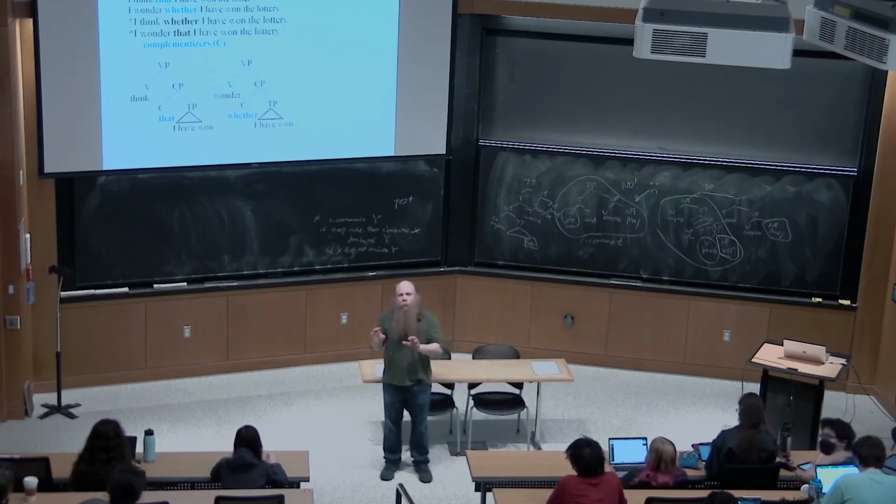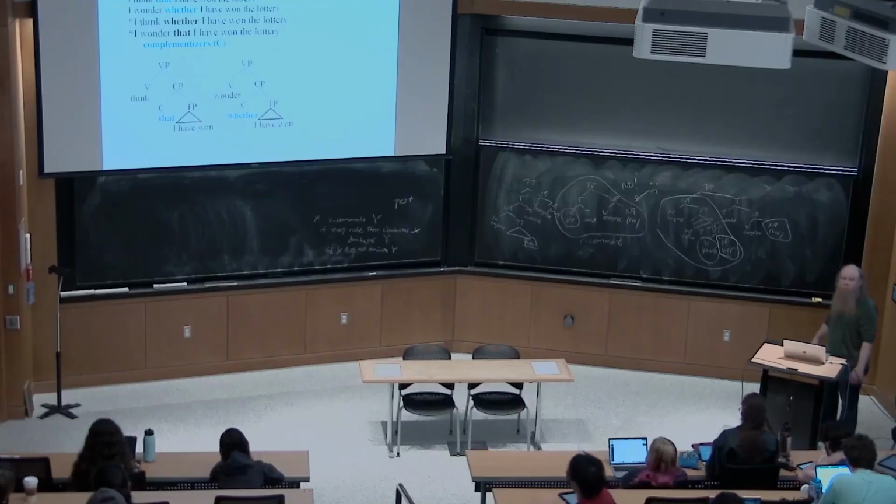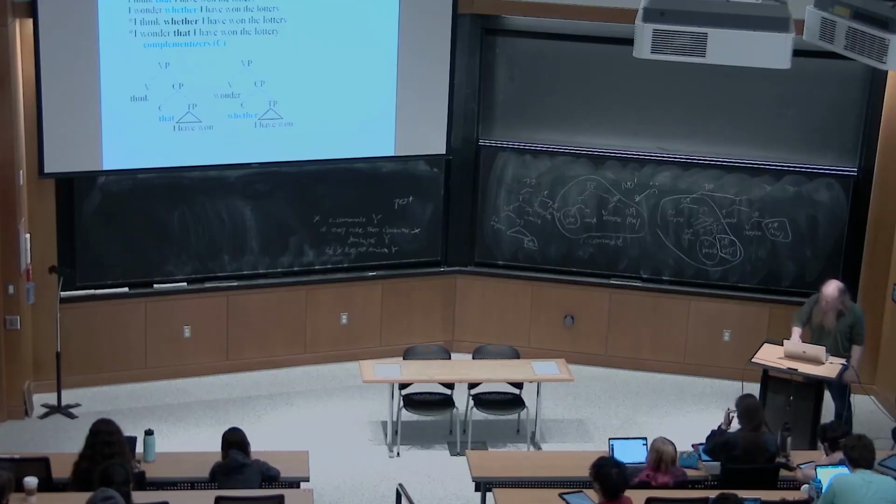They're like the on in depend on. So that's the reason to draw the trees this way. So we'll say, when you have a clause like that I have won the lottery or whether I have won the lottery, that thing is a CP, that or whether is its head, and those things are being selected by verbs like think or wonder. Those are all complementizers.